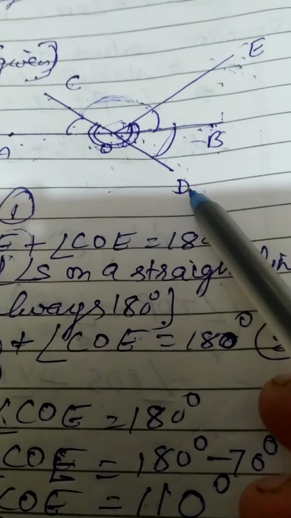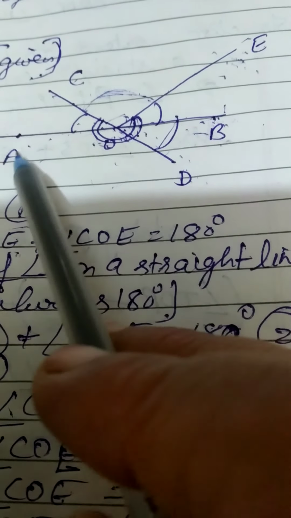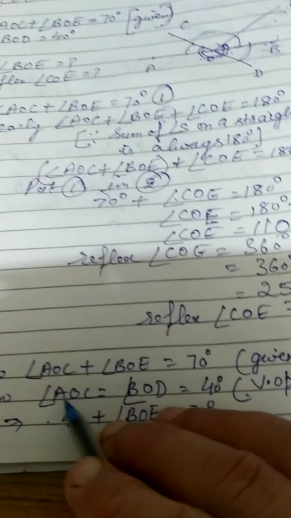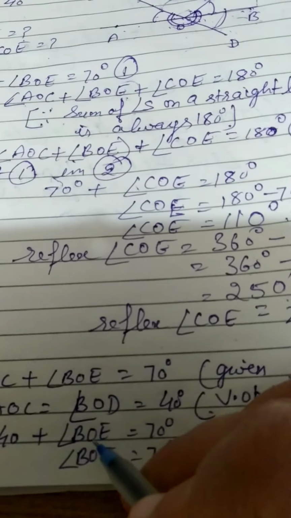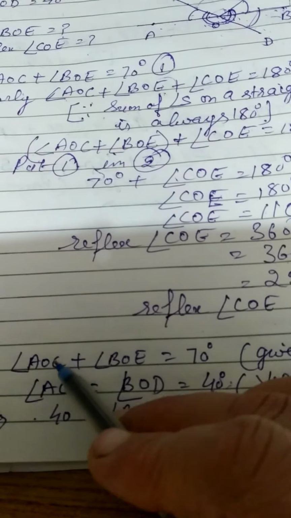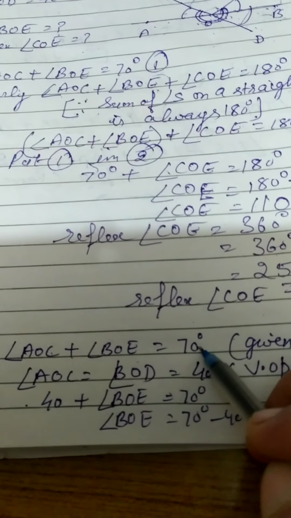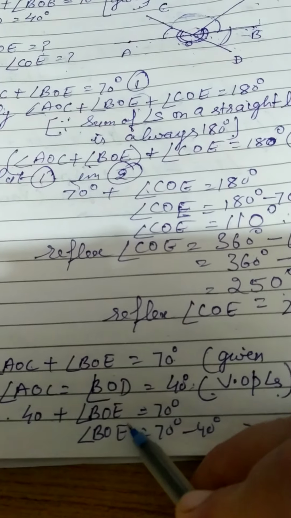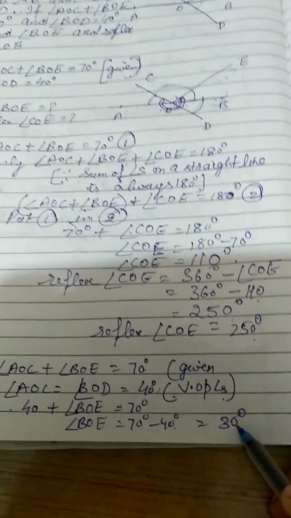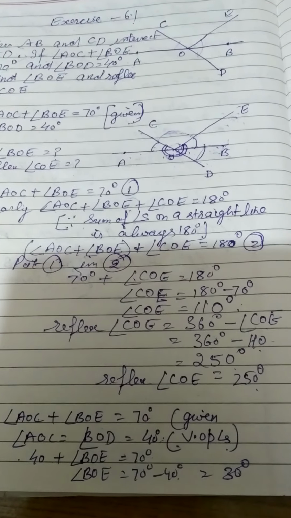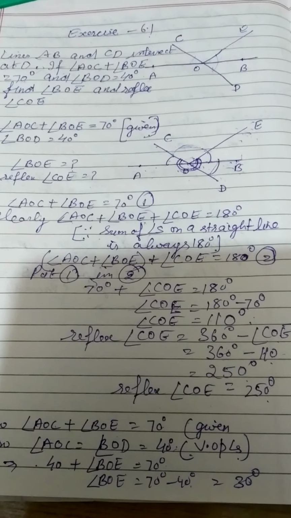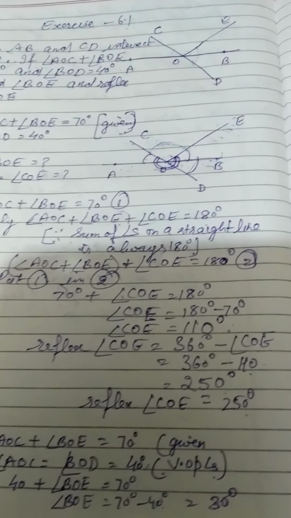Therefore, angle AOC is equal to angle BOD is equal to 40. Now we will put this value in the equation. AOC plus BOE is equal to 70, then 40 plus angle BOE is equal to 70, angle BOE is equal to 70 minus 40, that is 30. This is the complete solution of this example, and this is very important.